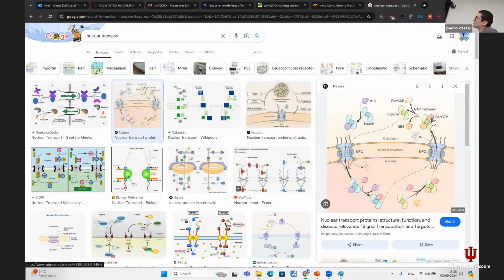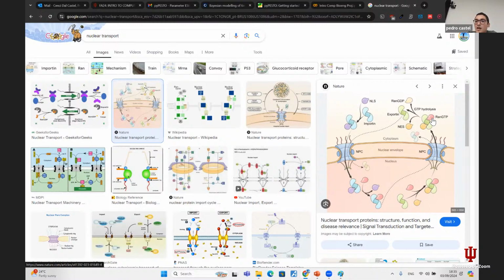And if a certain protein or RNA molecule needs to go out of the nucleus, it's already encoded in the DNA. So the DNA even tells where the protein has to go, which is very interesting.